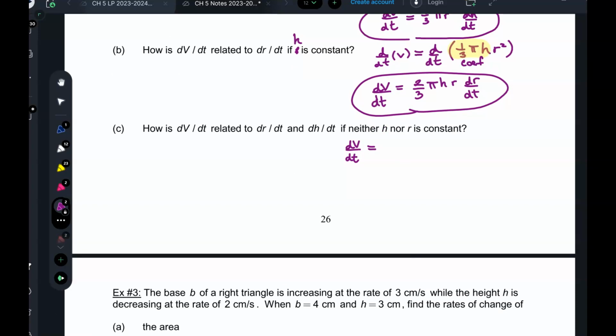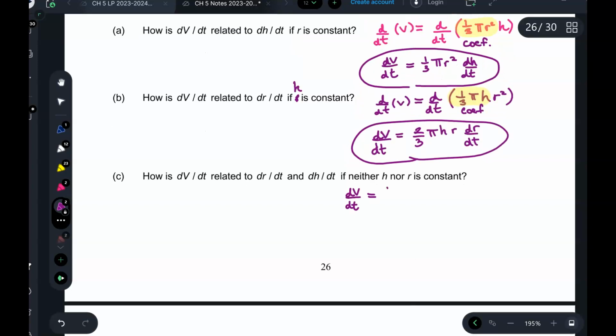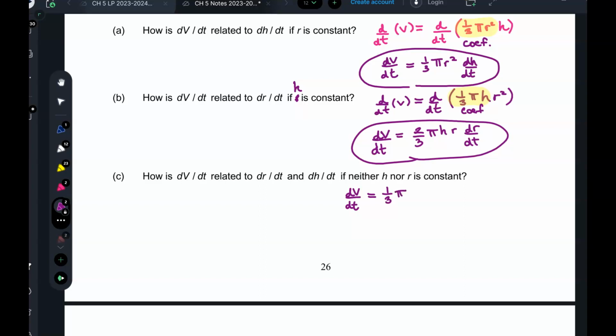Okay, so just to make it a little easier, I'm going to put 1/3 pi in front, and then I'm going to put d/dt of r squared times h. So I'm not putting r or h out in front for this one, because both of them are changing.